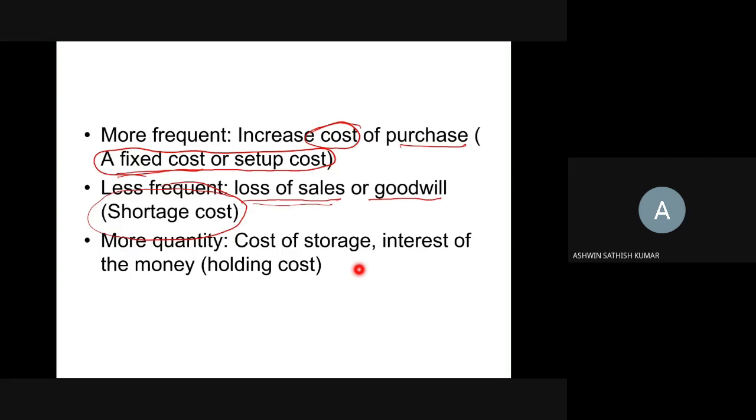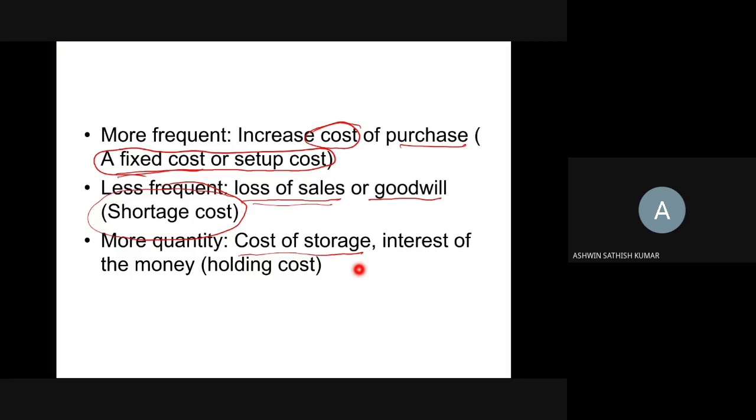You are purchasing the item with a large amount. So here we have the cost of storage. And when you have a large amount of the item, now your responsibility will increase to store carefully. You have to protect your items, your goods, from deterioration.